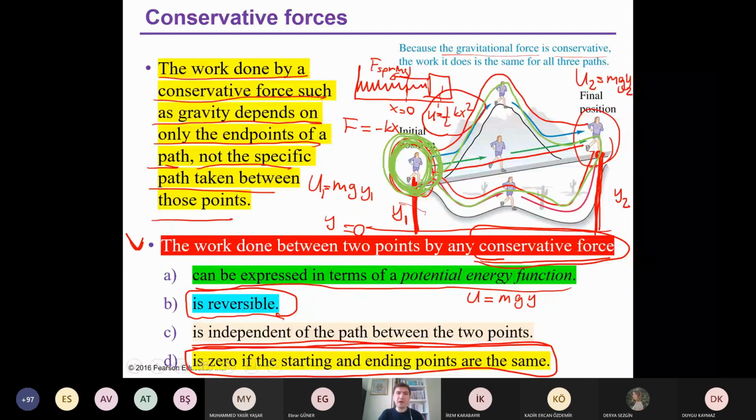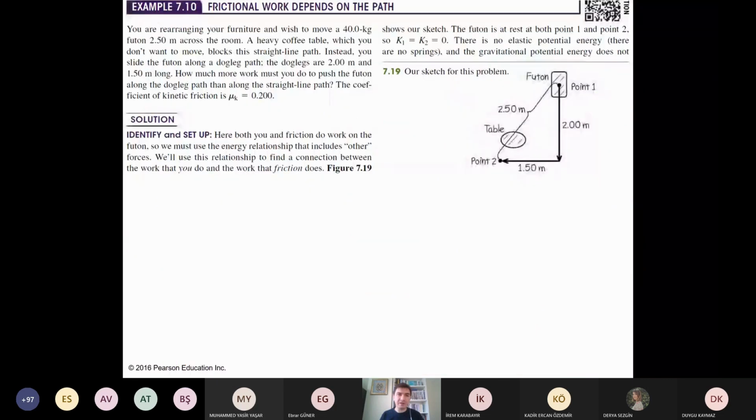Now let me continue with the example from the book, example 7.10, frictional work depends on the path. Then you will better understand the mechanism, you will better understand the topic. Here there's a very heavy table, and here there's a futon.